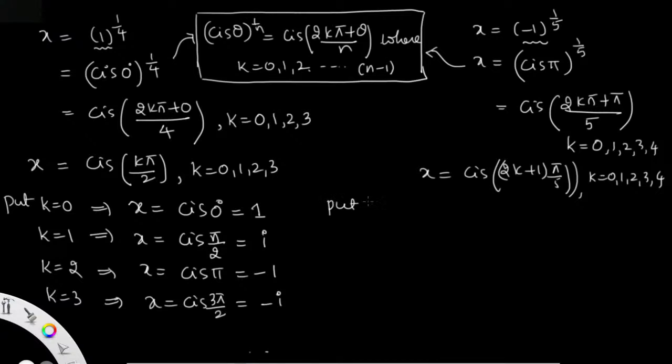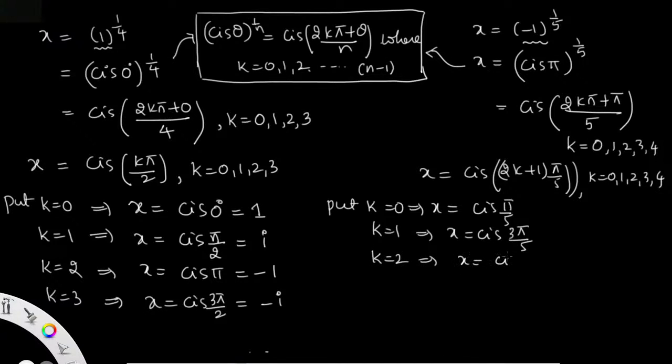If k equals 0, then you get x equals cis pi by 5, one of the roots. If we put k equals 1 here, x equals cis of (2 into 1 plus 1), that is 3 pi by 5. Next k equals 2, x equals cis of (2 into 2 plus 1) pi by 5, which is nothing but cis pi.